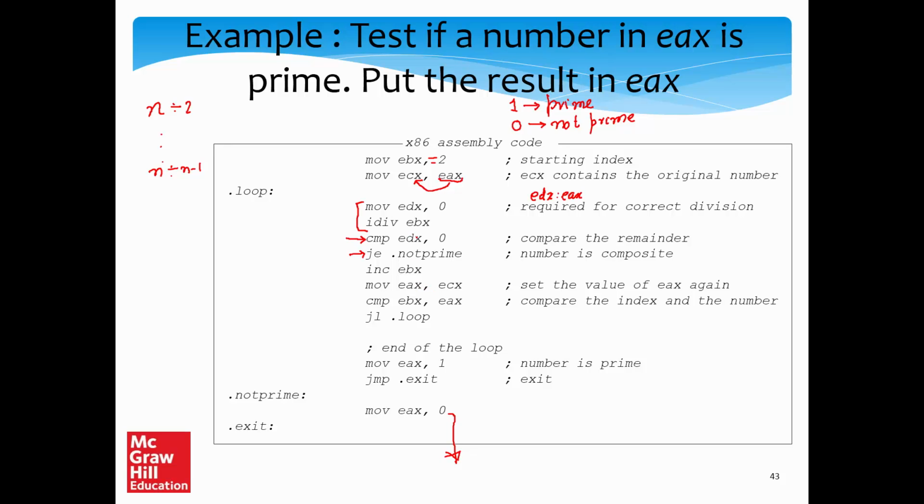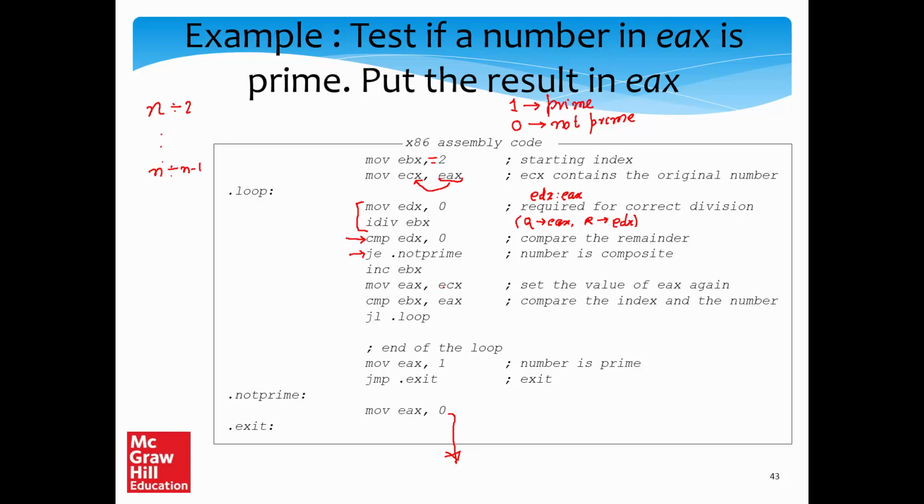Then the value of EAX has also changed because the IDIV instruction puts the quotient in EAX. Recall that the quotient is being put in EAX and the remainder is being put in EDX. Since the value of EAX has changed, we set back the original value of EAX again.